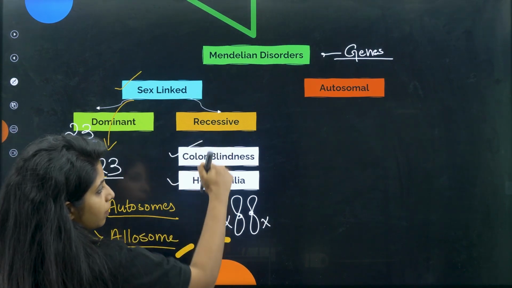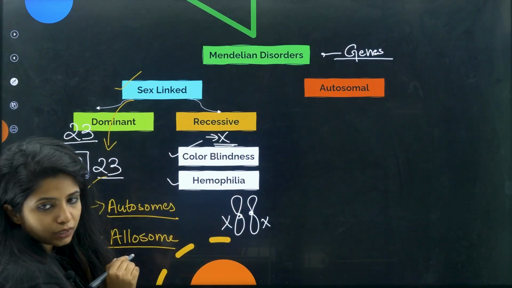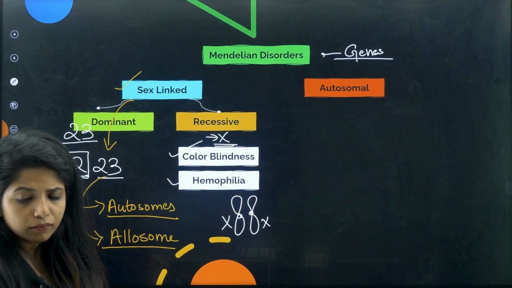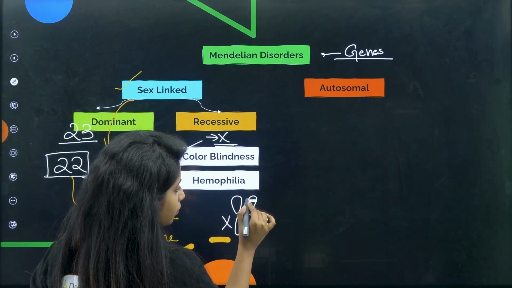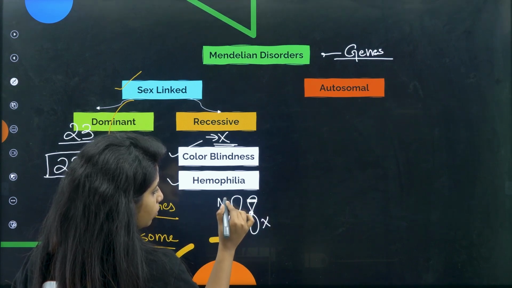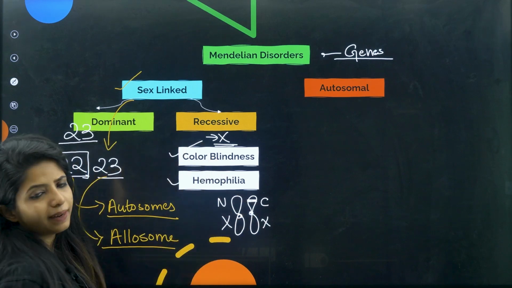Both of them are X, and the problem is in the X chromosome. So XX is there, cool. I am saying the gene over here is getting mutated. So this is the mutated gene, but I have a normal one. This is the normal one and this is the mutated one. I am writing C over here because it is for color blindness.